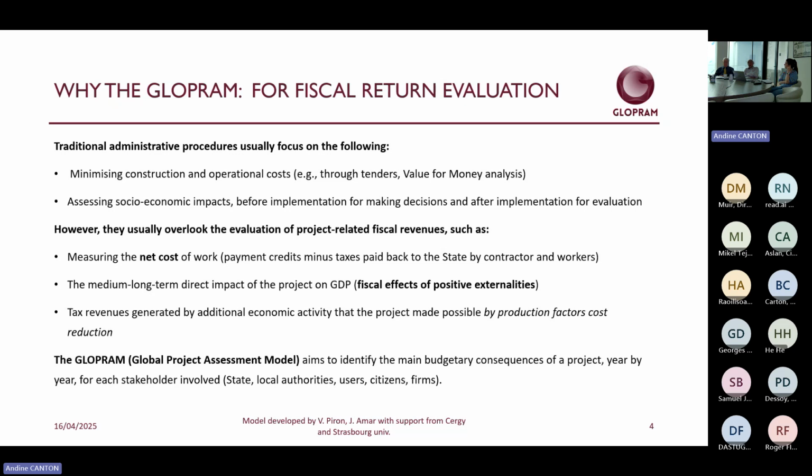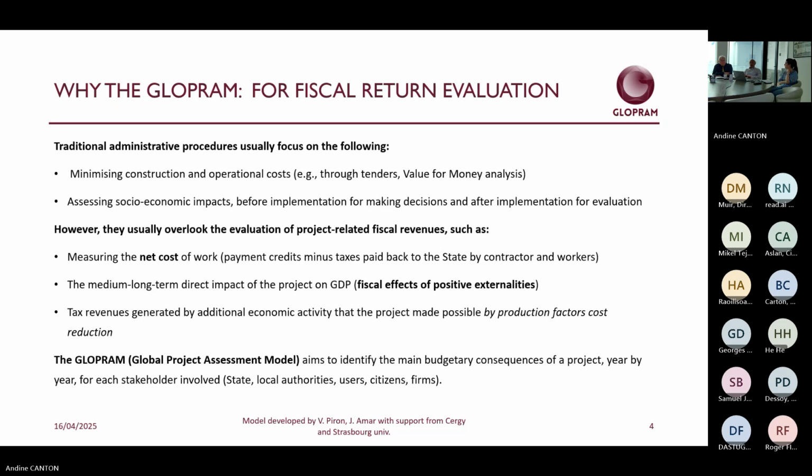Also, the socio-economic impacts are assessed properly before implementation for making decisions, and often after implementation for evaluation of the results. However, they usually overlook the evaluation of the project-related fiscal revenues, such as measuring the net cost of the work. What is the net cost?